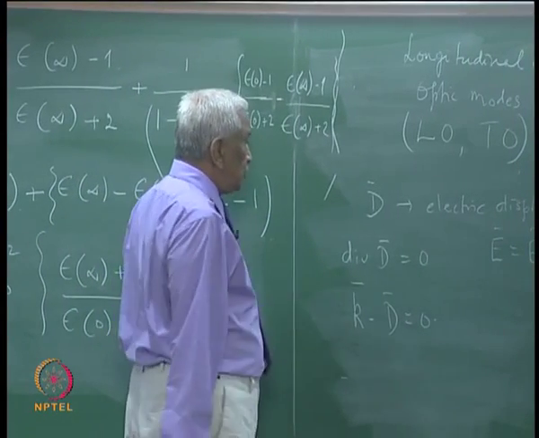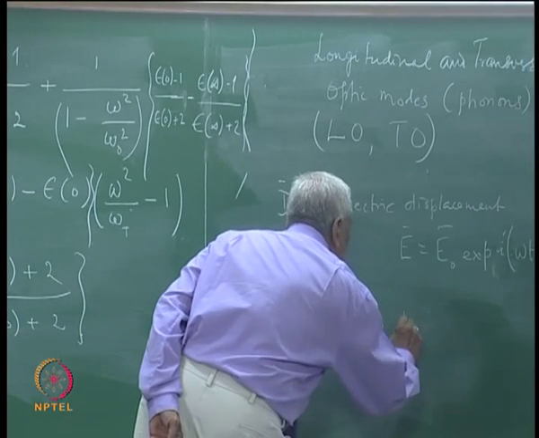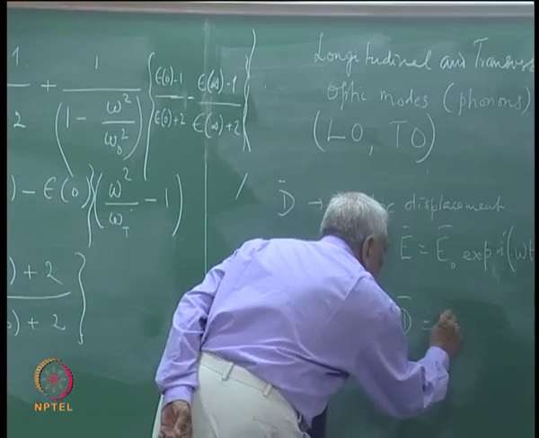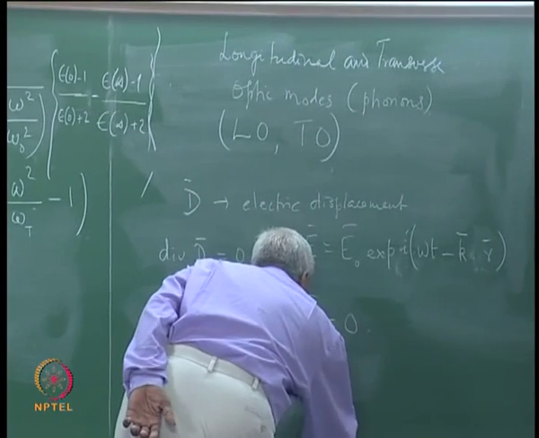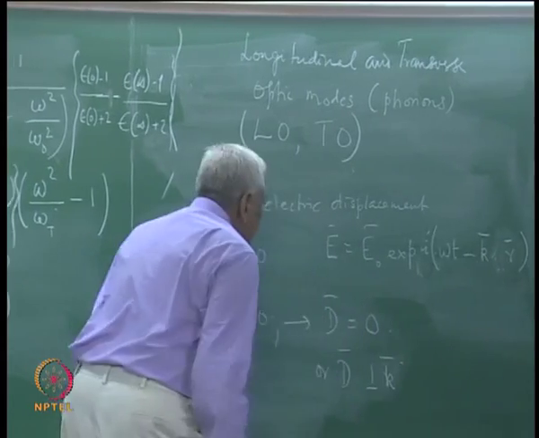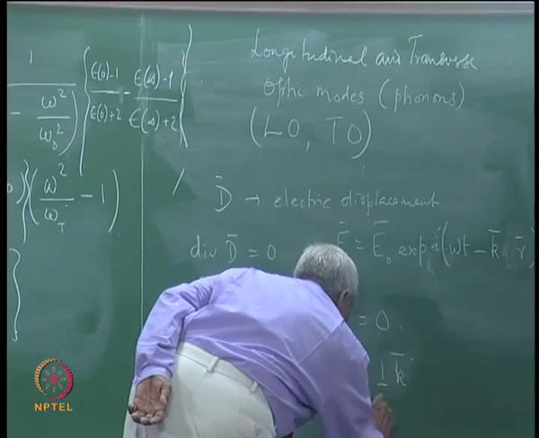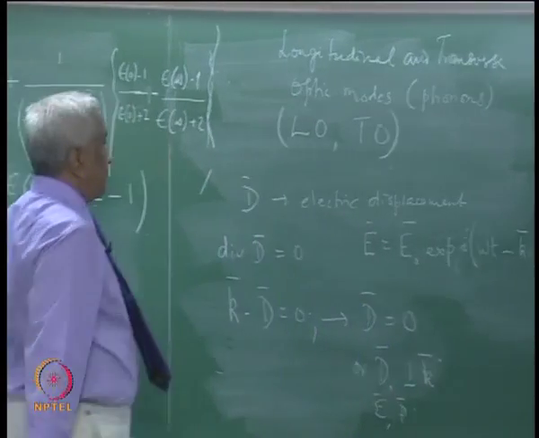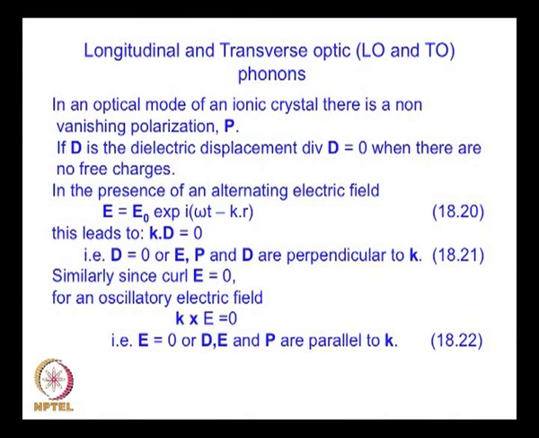And what is the consequence of this? This means that either D itself is 0 or D is perpendicular to k. If D is perpendicular to k, E also is and P also is. That is the significance of this condition div D equal to 0.